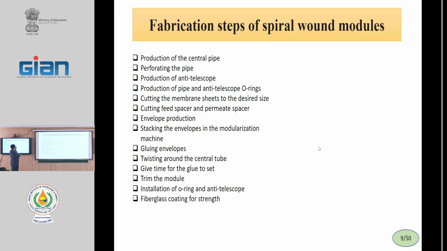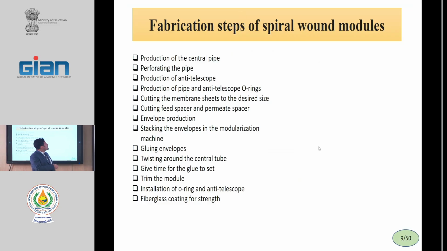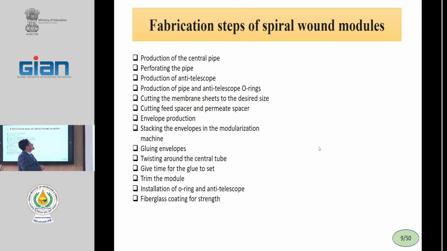For fabrication of spiral wound modules, we need 14 equipment. One device for production of the central pipe. We have an injection molding device for production of the central pipe.